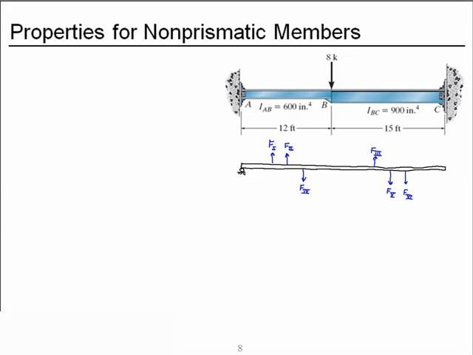Although the conjugate beam looks unstable, with the applied loads, the conjugate beam must be in moment equilibrium. So that will provide our second equation. Let's sum moments about point A. I'll use the prime here because we are summing moments for the conjugate beam.